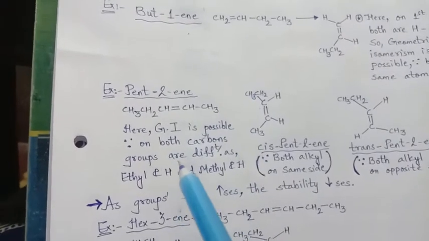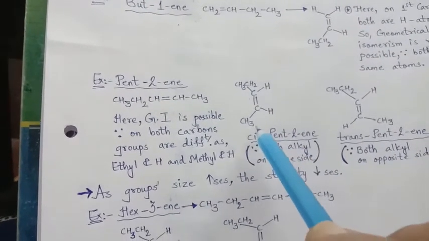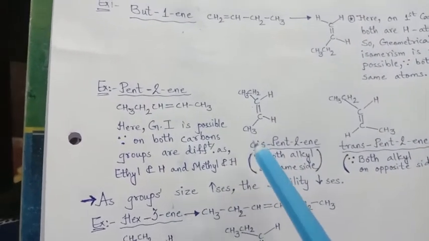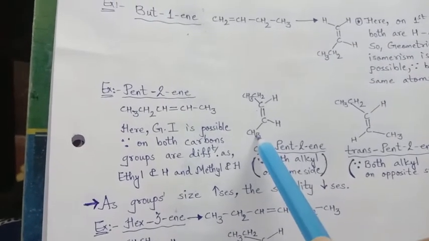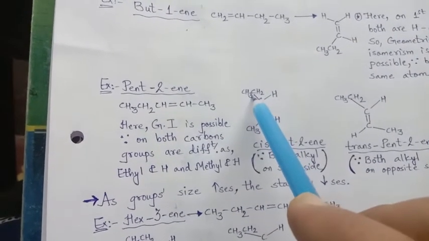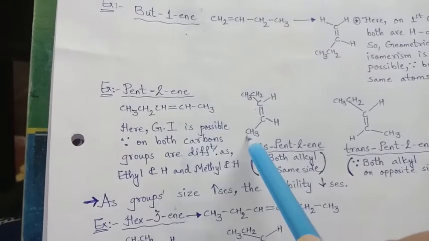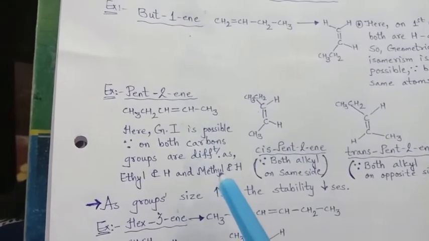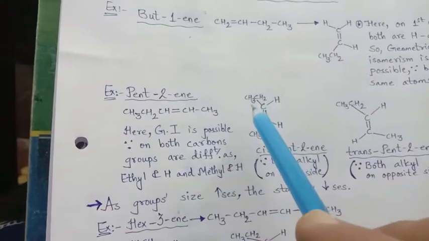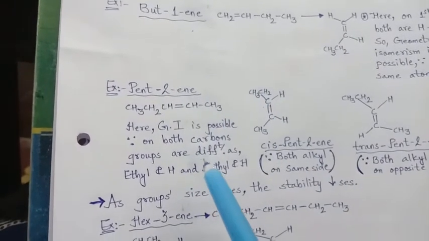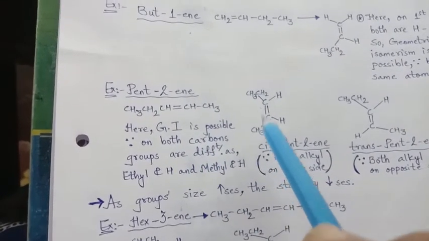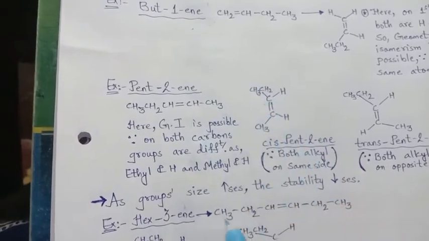Now see here, how we can say that this is cis. If we say this is methyl, this is ethyl, though it is methyl and ethyl, right? Carbon different, but the group is similar. How? Because it is also an alkyl group. It is also an alkyl group.